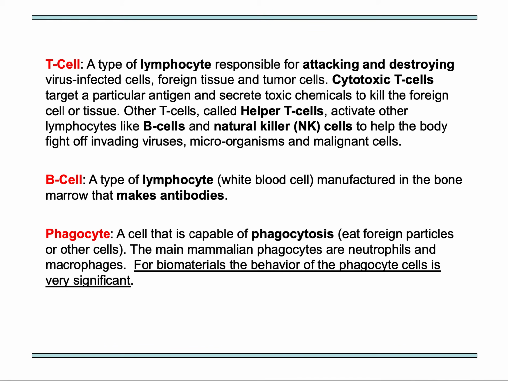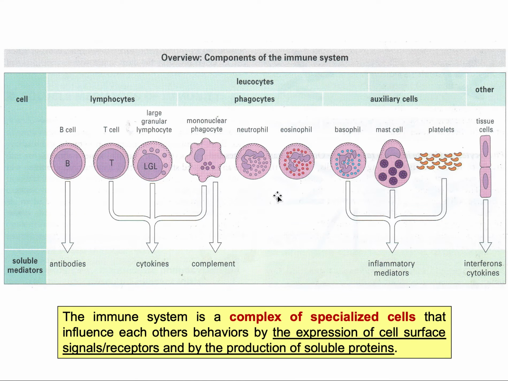That's very important. So if you go back to our schematic, this is how the neutrophil looks, and this is the mononuclear phagocyte. Those big phagocytes can actually fuse together and create macrophages.